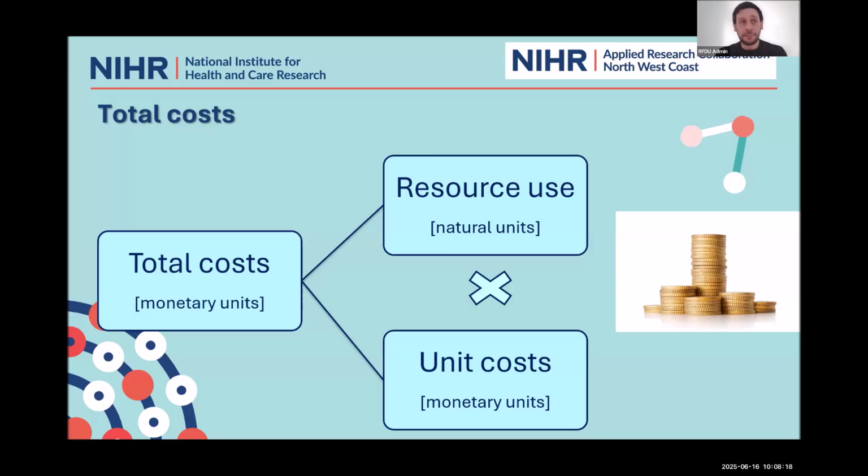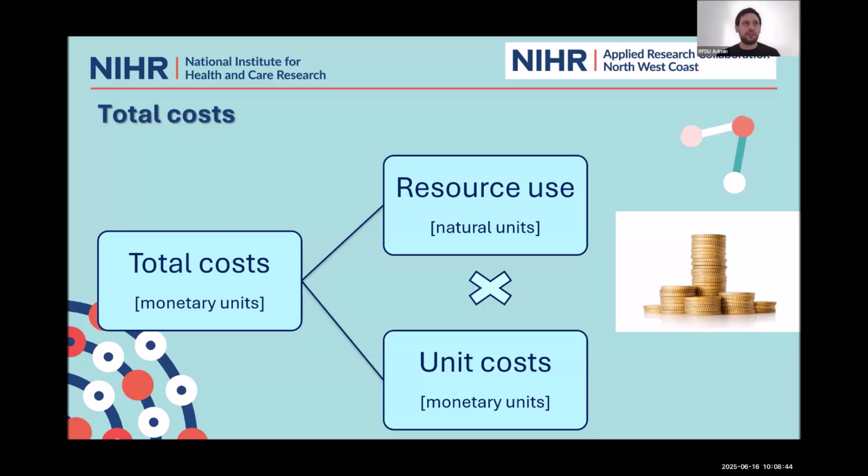So if you think about medication, there might be some treatment which requires using medications in order to make sure that the patients are cured or have a good quality of life. The amount of medication will be your resource use. So it's the amount of that specific resource you are using.